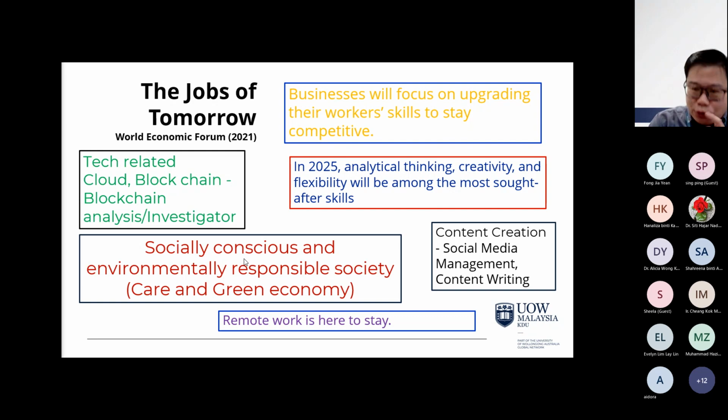Ask yourself, do our programs ready our students for a socially conscious and environmentally responsible society? What about, do our programs encourage analytical thinking, creativity, and flexibility? I'm just choosing these two.